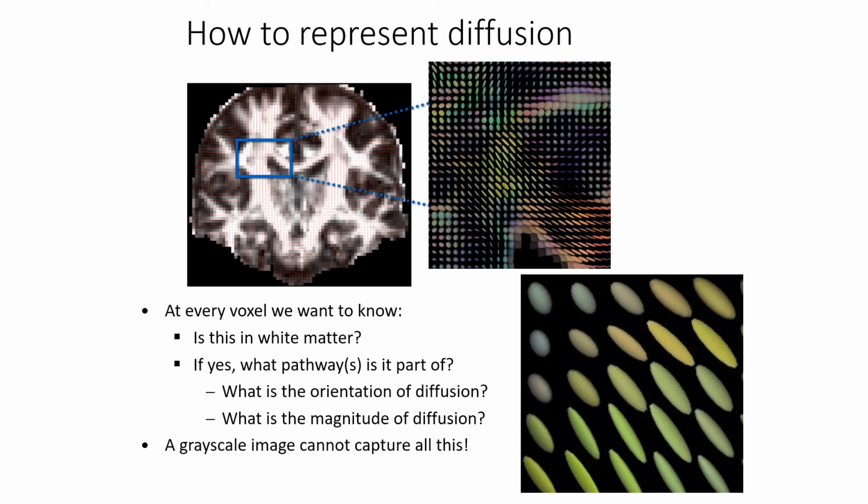We can't capture all of that in a grayscale image, and that's where having color helps. So color here: red can be more left and right, green up and down in the brain, and blue in and out, kind of front to back in the brain with that color scheme.